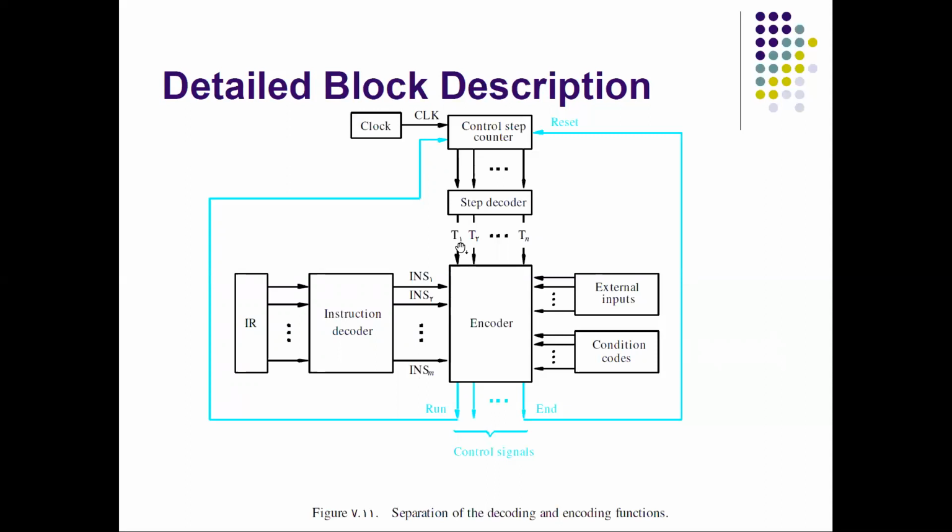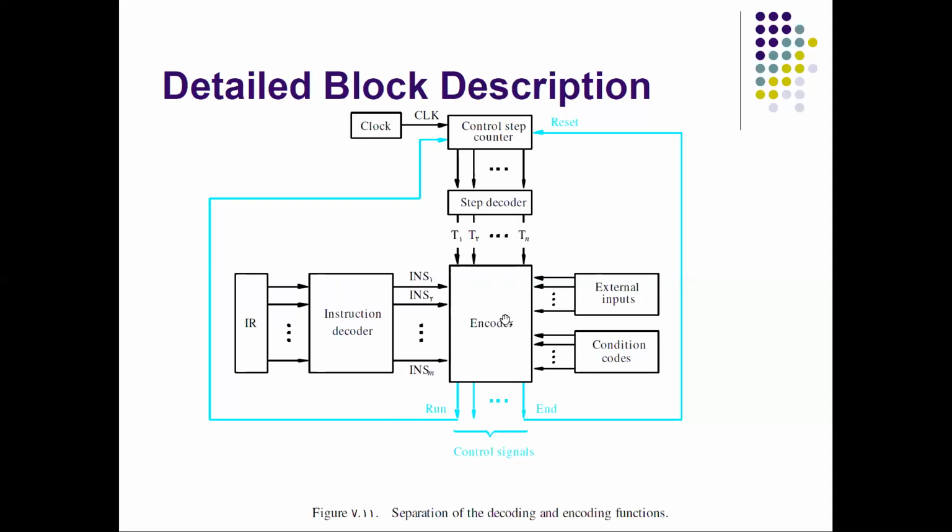This time may be numbered as T1, T2, T3 up to Tn. Suppose I say add is the instruction which will be in T5, then I will say T5 dot add. Then in T7, suppose I have an OR operation, then I will say T7 dot OR. So there is an encoder which takes input from this time signal and the instruction, encodes it and generates the control signal.